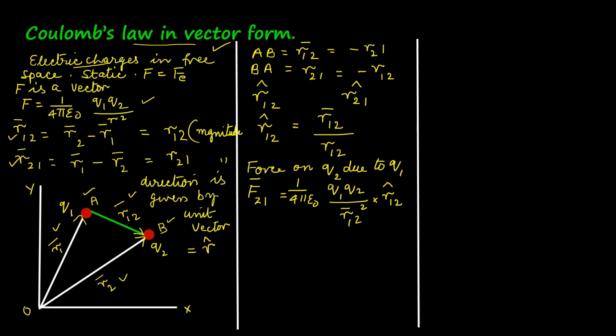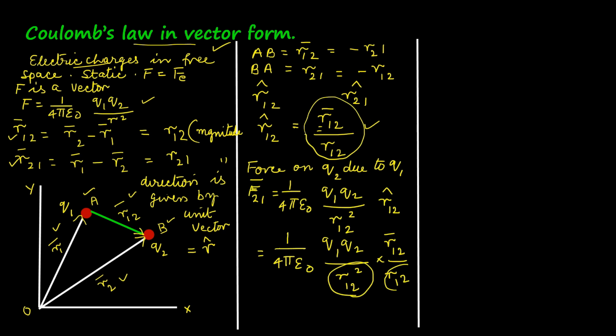From the diagram we can understand that R12 cap is from A to B, that is away from Q1. Substituting for R12 cap, the expression becomes vector F21 is equal to 1 by 4 pi epsilon naught Q1 Q2 by R12 square into vector R12 divided by magnitude R12.